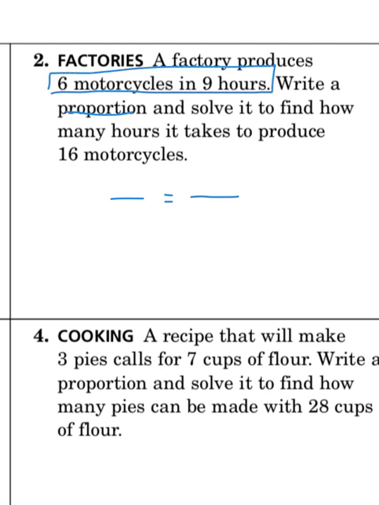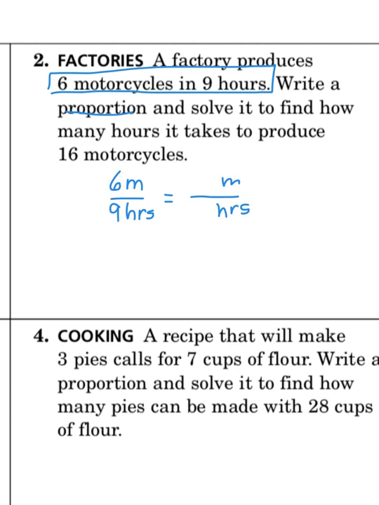That information goes together. So I'm going to write that as a fraction. 6 and 9, m for motorcycles, and h for hours. So now I have that, so I'm going to put m for motorcycles here, and I'm going to write hours here.